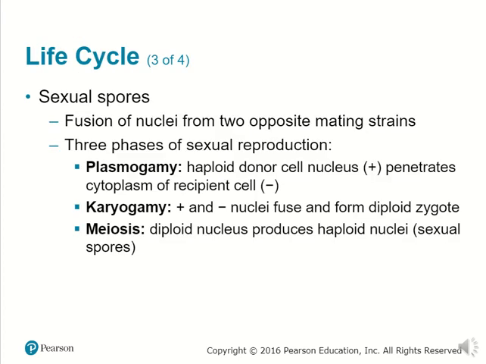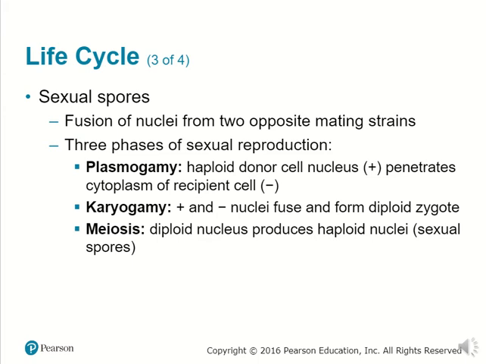Sexual spores involve the fusion of nuclei from two opposite mating strains. The three phases of sexual reproduction for fungi involve plasmogamy, in which a haploid donor nucleus penetrates the cytoplasm of a recipient cell. Karyogamy, where the plus and minus, or the donor cell and the recipient cell, fuse and form a diploid zygote.